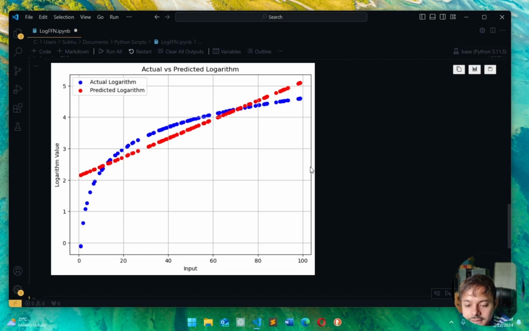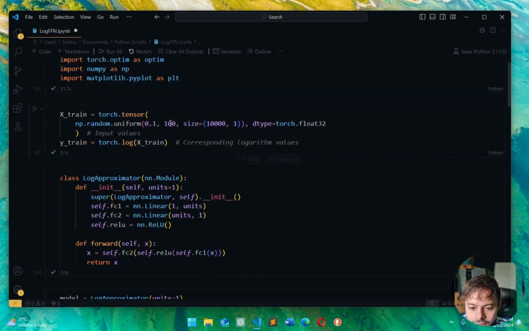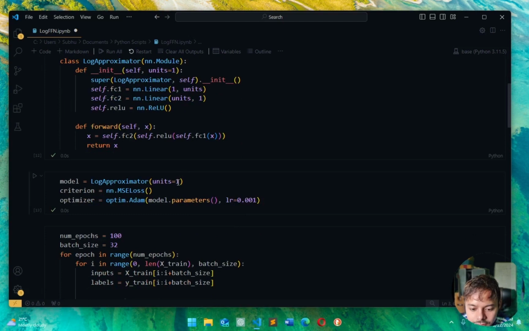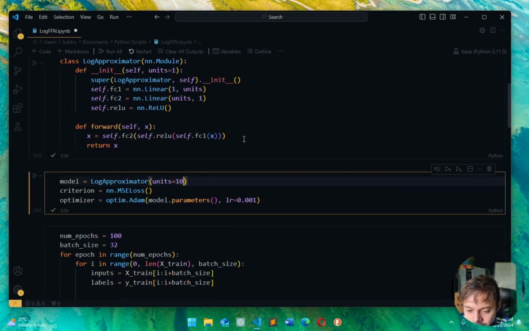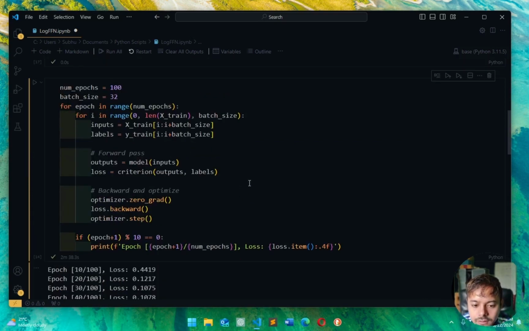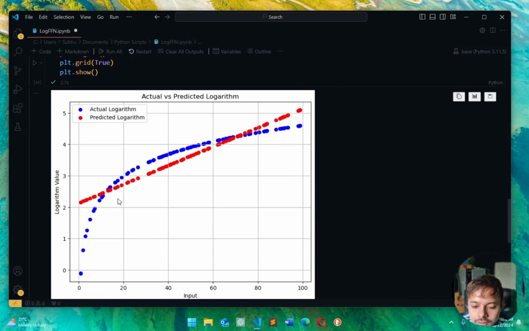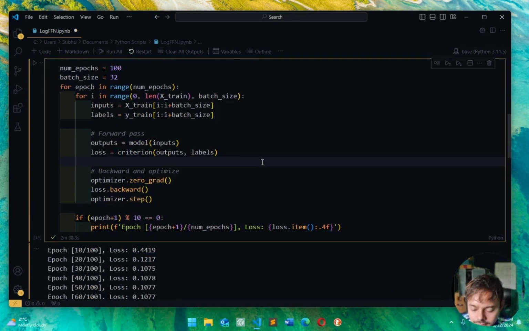So let's increase the hidden units from 1 to 10 and see how it performs, because we have seen that using a single hidden unit and incorporating non-linearity didn't help much, as it is still fitting a straight line for a curve. Let's train it.